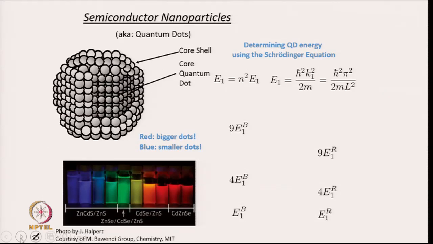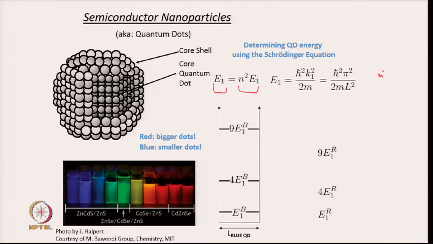So, now let us look here. What is E1? If you remember, this is n square h square by 8 m l square, and let us write this as E1, because for n equal to 1, h square by 8 m l square is equal to E1, and so En is equal to n square E1. So, this is your En.